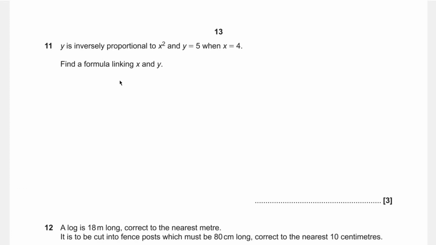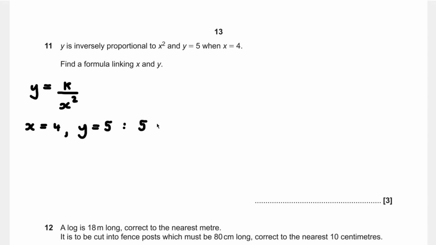Question number 11. Y is inversely proportional to x squared and y is 5 when x is 4. Find a formula linking x and y. Well, if y is inversely proportional to x squared, that means we have y equals some value k over x squared. And we know that when x is 4, y is 5.